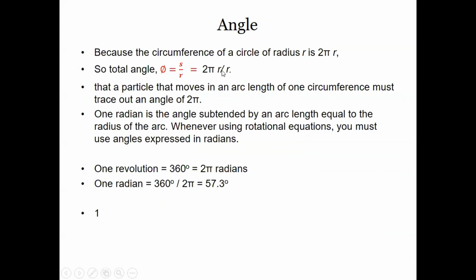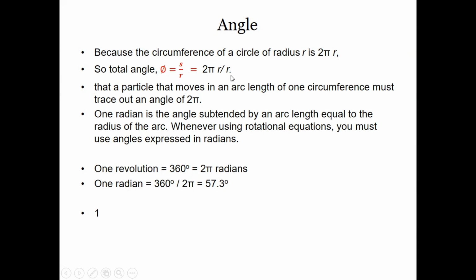Because the circumference of a circle with a radius r is equal to 2 pi r, therefore the total angle developed in a circle is the total arc length divided by the radius, and it is 2 pi r divided by r.